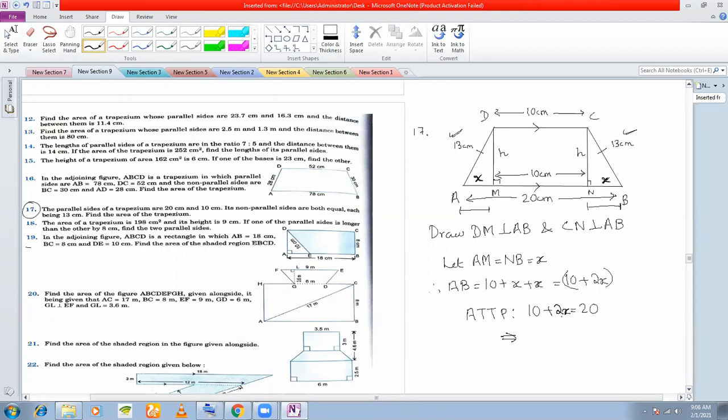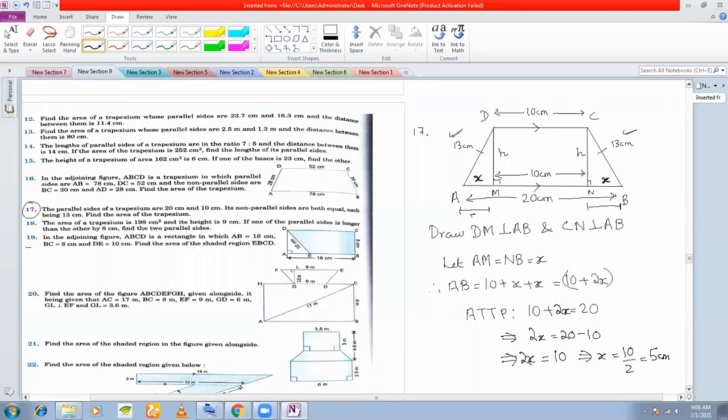So you solve this equation to get the value of x. So 2x is equal to 20 minus 10, means 2x is equal to 10. That means x is equal to 10 by 2, which is 5 centimeters.